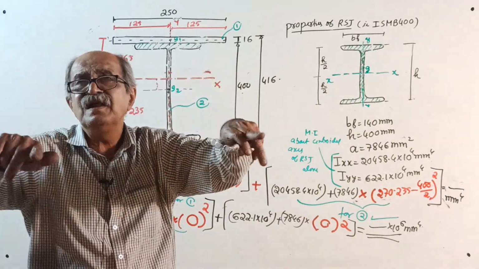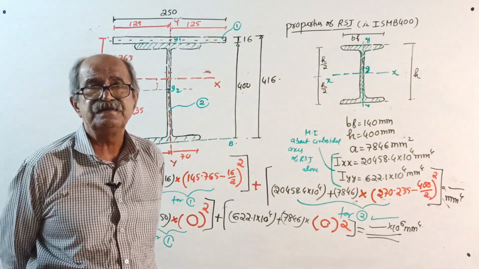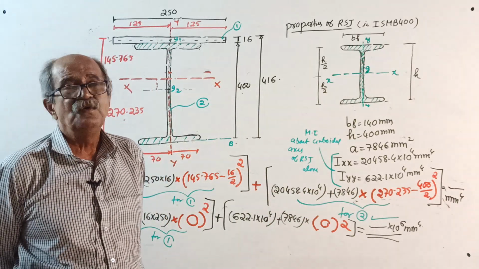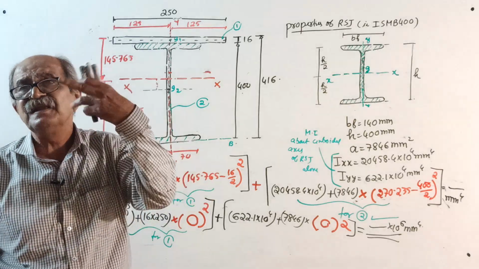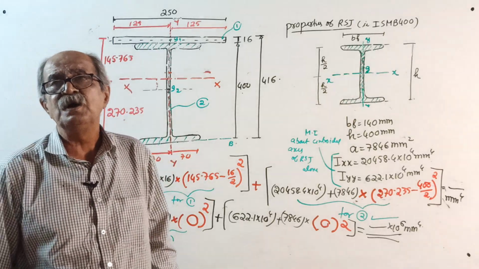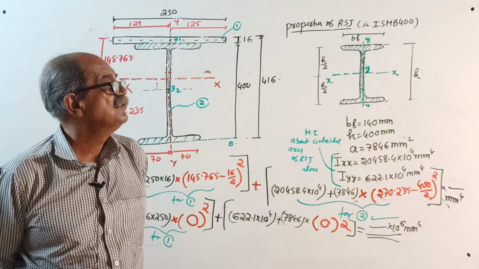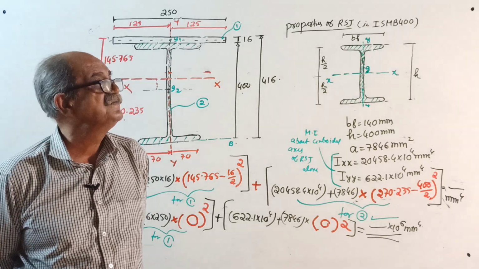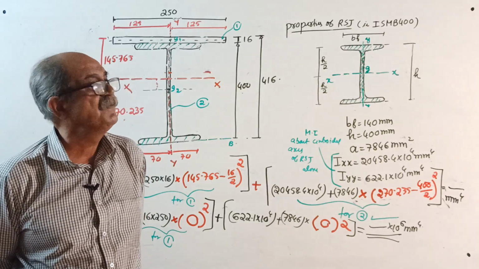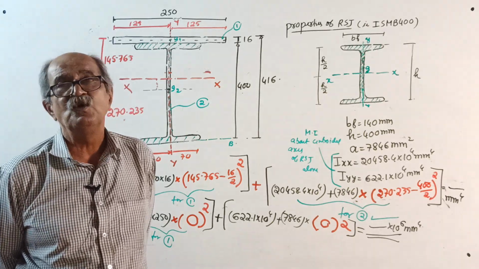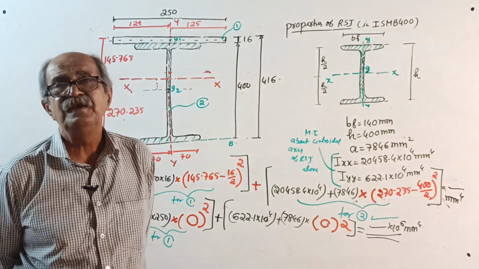Then you enter IS 800, the steel code, and find for that slenderness ratio the allowed compressive stress. The symbol, I forgot, earlier code sigma AC, new code it is FCD.